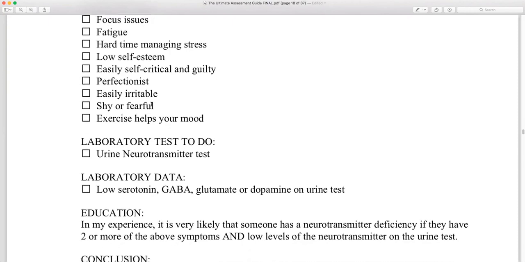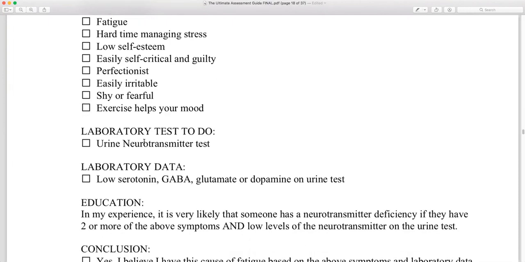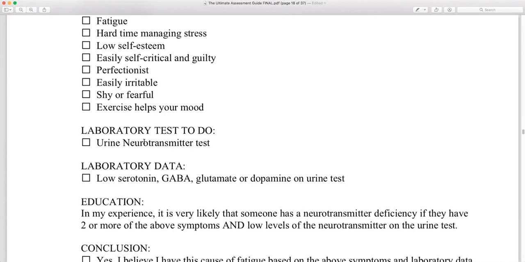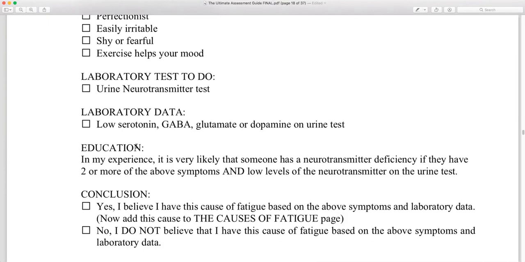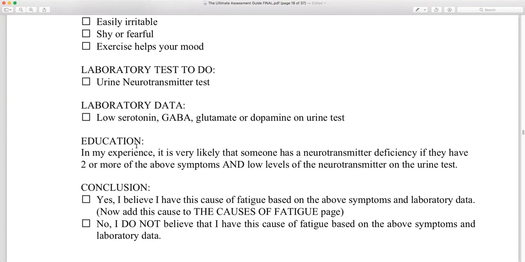So you can do the urine neurotransmitter test, which is going to help discern which of those neurotransmitters might be off in you. And then the laboratory data is significant if it's indicative of any of those neurotransmitters being low. And in my experience, it's very likely that someone has a neurotransmitter deficiency if they have 2 or more of the above symptoms and low levels of the neurotransmitter on the urine test.